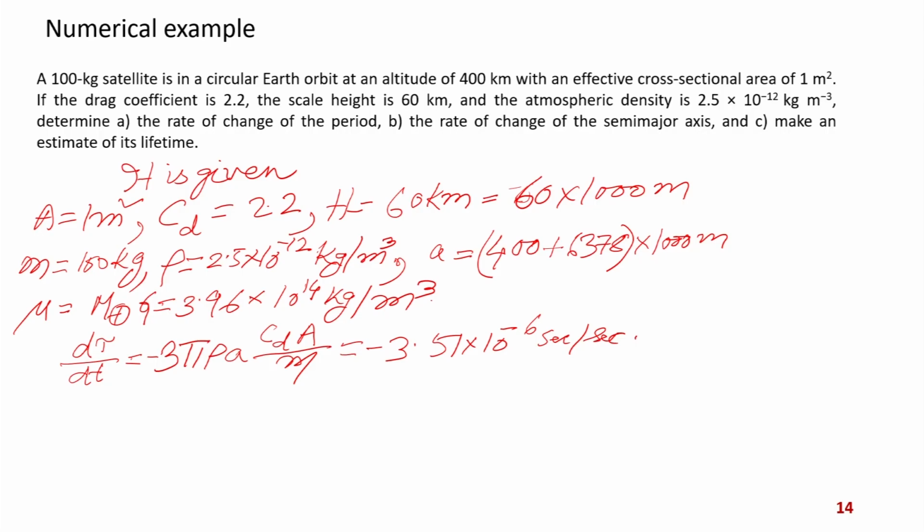So, that is why the unit is second per second, and the change in the orbital altitude, that is dA by dt with respect to time, I can calculate it to be minus 2.86 into 10 to the power minus 3 meter per second using the formula which are given in the earlier slides.